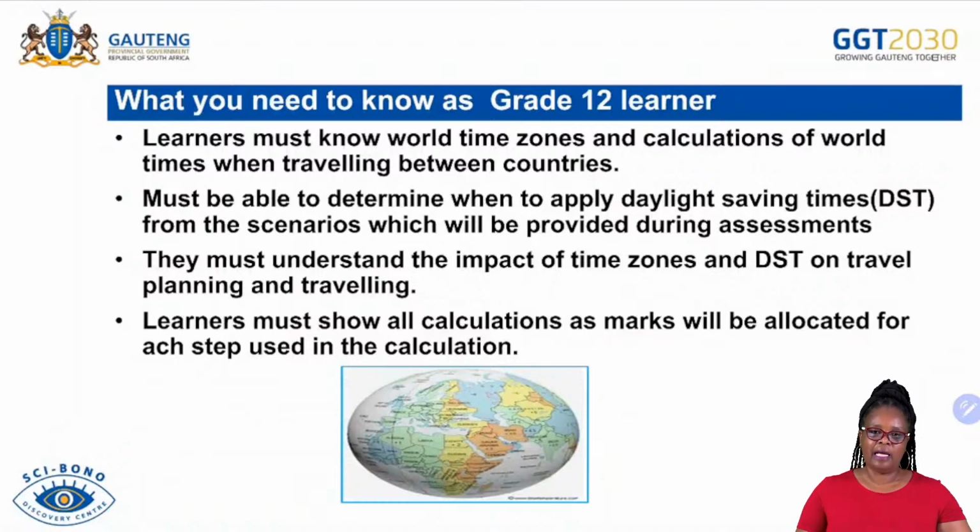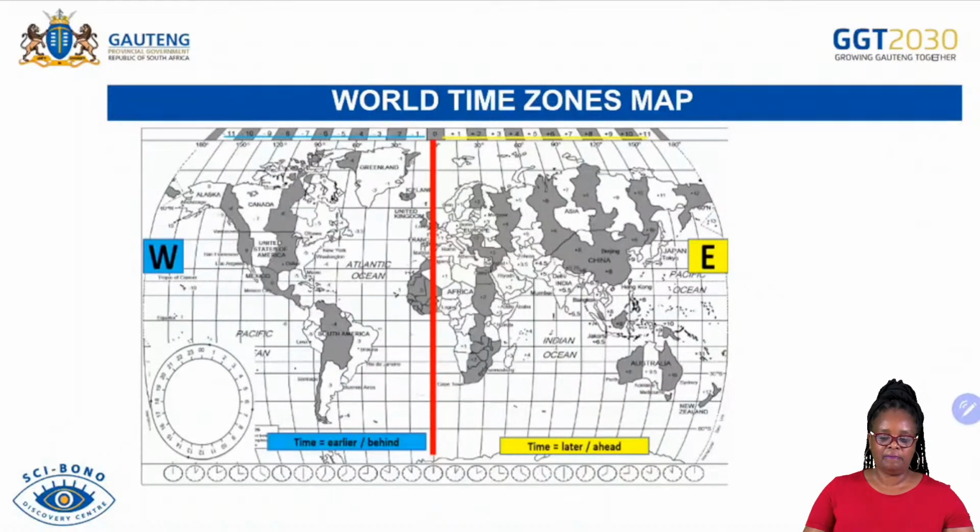You have to understand the impact of the time zones and the DST on travel planning. Most important, you have to show all the calculations when you are doing your time zones. Show all your calculations, as mark allocation is based on those calculations.